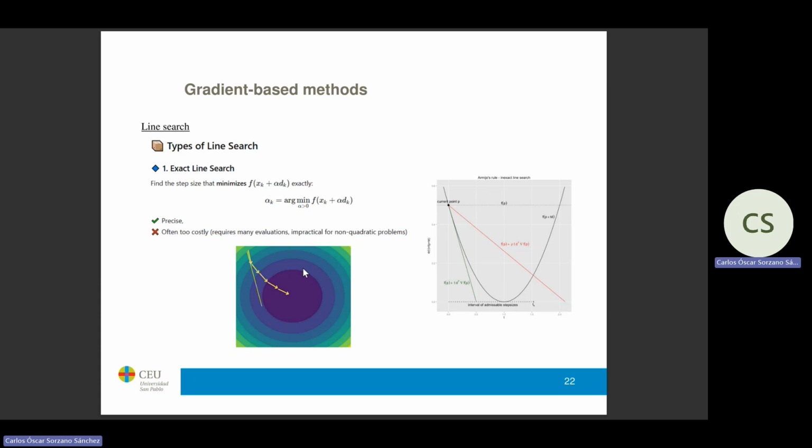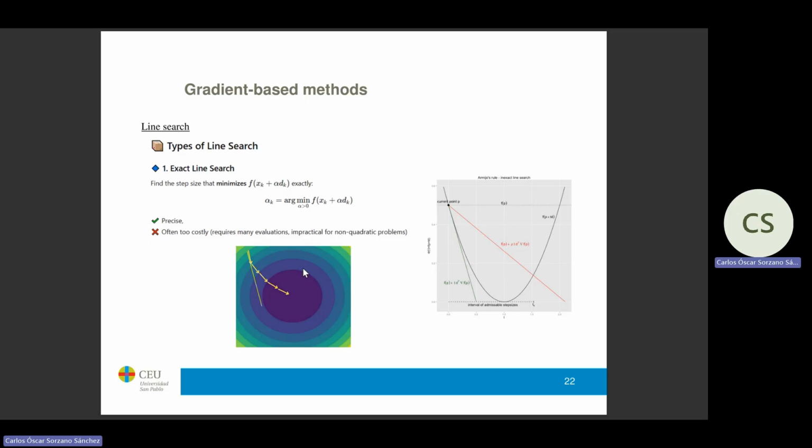So now what I have to find is the best alpha_k larger than 0, such that the function along this line is minimized. Probably in this example, you would stop somewhere there, because along this line it is the minimum that you can find.